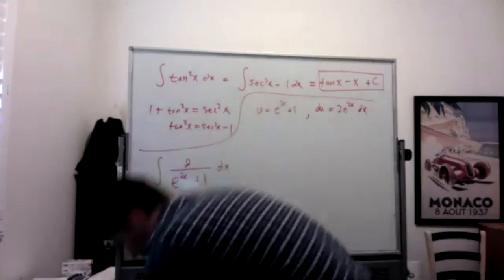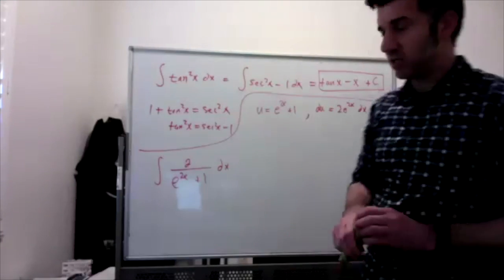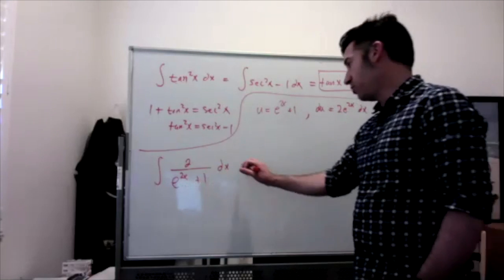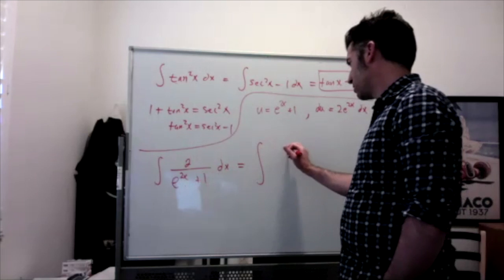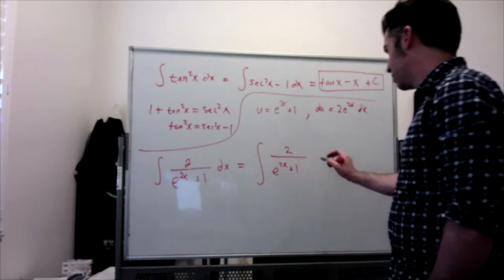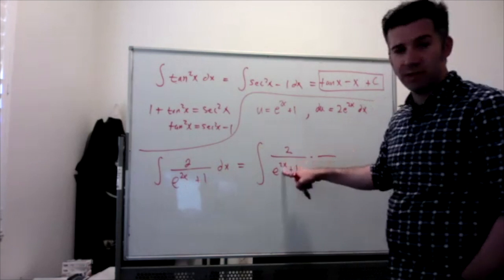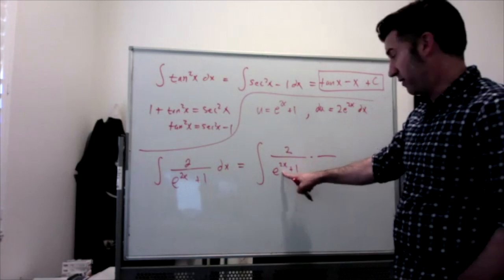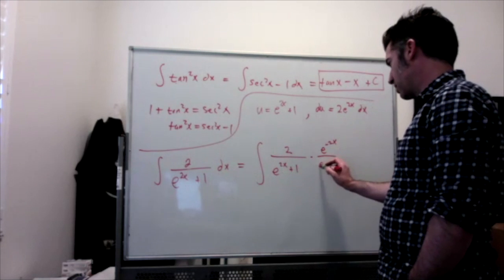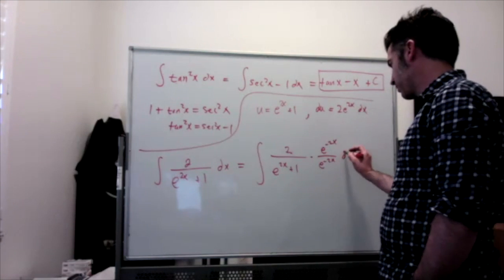So here's the trick for a problem like this, where you have something over e to a power plus a constant. You're going to multiply the top and bottom of this expression by e to the opposite sign power of this. So if I get e to the 2x, I'm going to multiply by e to the negative 2x over e to the negative 2x.